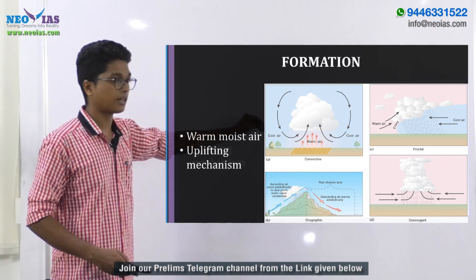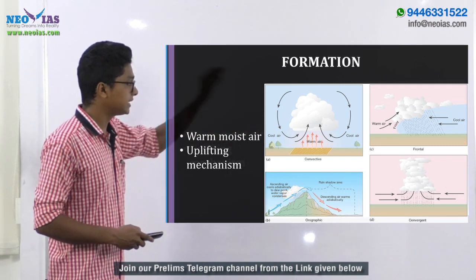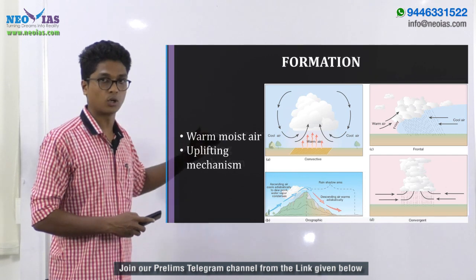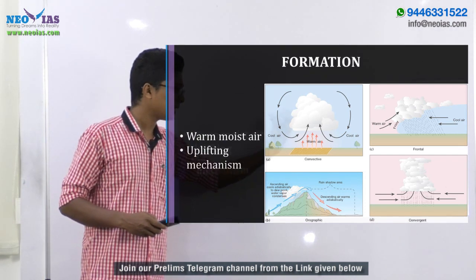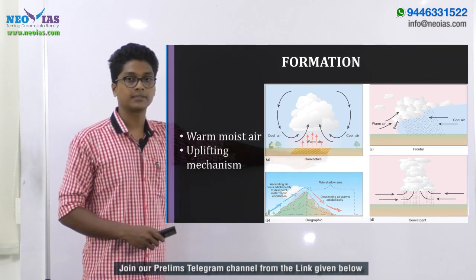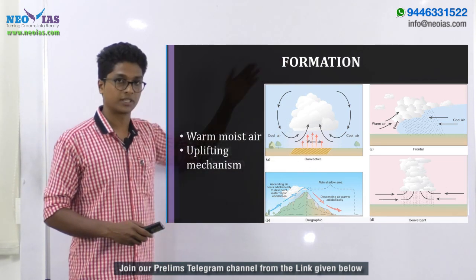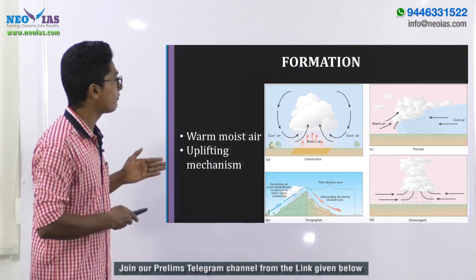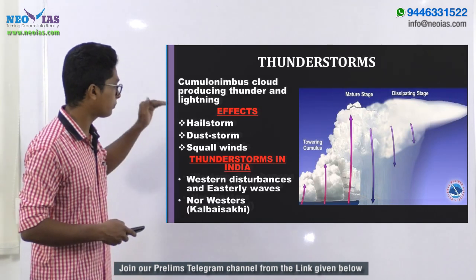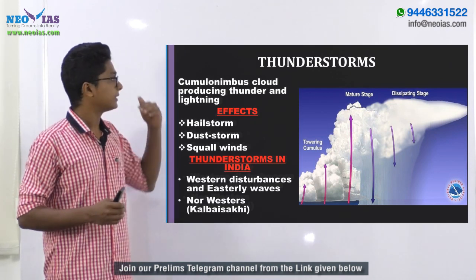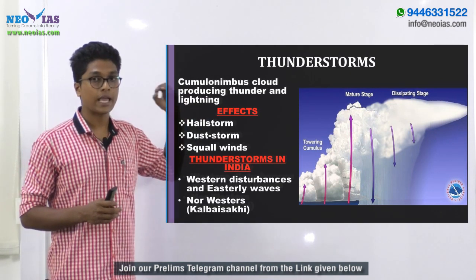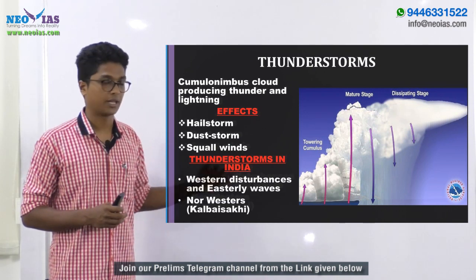If you are having an insufficient amount of moisture, this process can result in dust storms, right? It will uplift the dry air from the arid as well as semi-arid regions into the upper atmosphere, and all of this dust will be falling in some other place, and that process we call dust storms. So simply, dust storms means thunderstorms forming in the absence of atmospheric moisture.